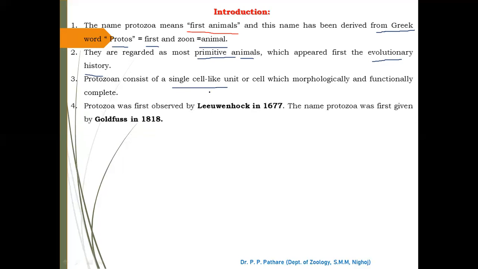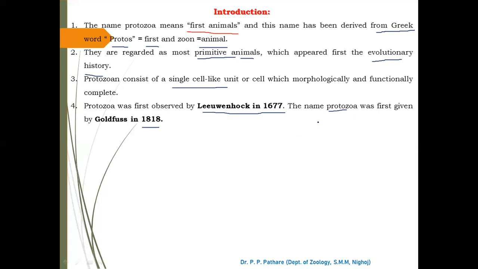The protozoa was first observed by Leeuwenhoek in 1677. This is a scientist who first observed the protozoa during his study. And the second most important thing, that is the name of protozoa. This name, protozoa, was first given by Goldfuss in 1880. This is very important information regarding your examination.